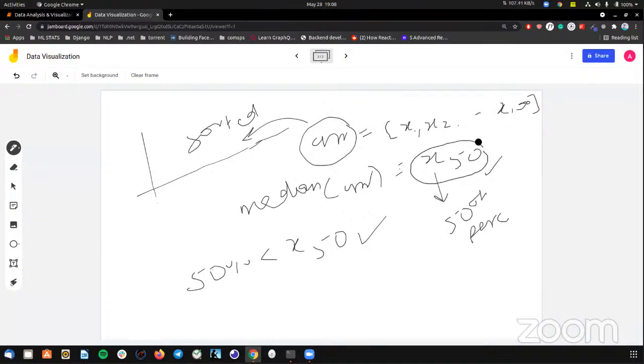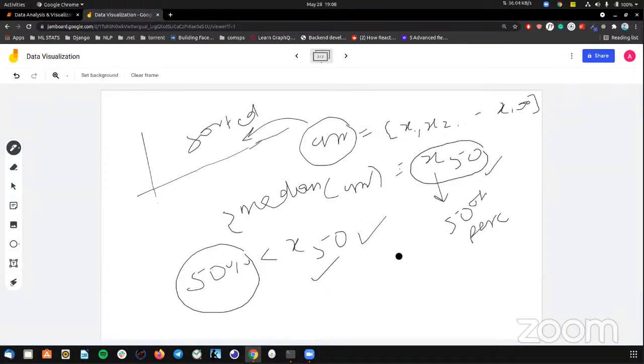The moment you find it, you can also say that this is the 50th percentile. So that is what the 50th percentile stands for. You just need to calculate the median.